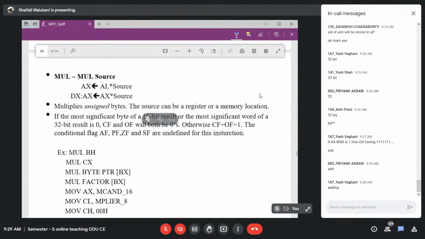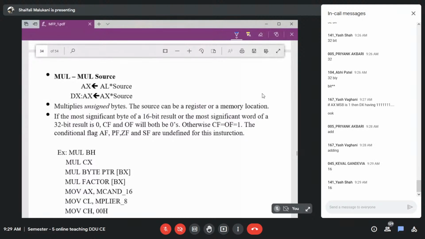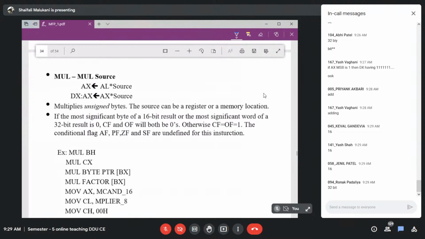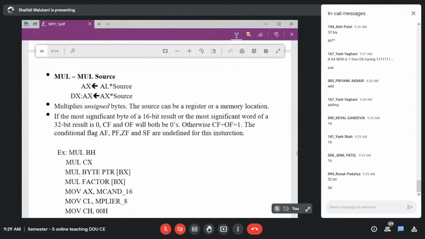Now suppose I am multiplying two 8-bit data. What can be the size of the result? Two 8-bit data are multiplied. 16 bit. So no, 8-bit data, Ronak, I'm talking about 8-bit data. Suppose two bytes are multiplied, then the result can be a word. It may go up to a word, right?